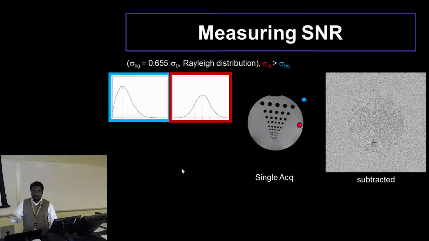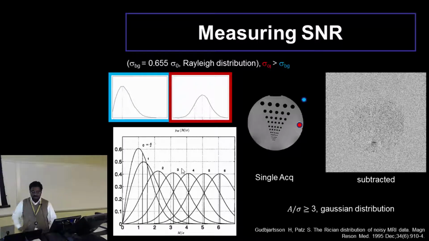In the strictest sense, the noise distribution or probability density function can be described as a Rayleigh distribution, and depending on the ideal signal that you have, the magnitude of that, the distribution shifts. That has been demonstrated in one of the early papers in '95, that if your ideal signal A is 0, then you have this Rayleigh distribution.